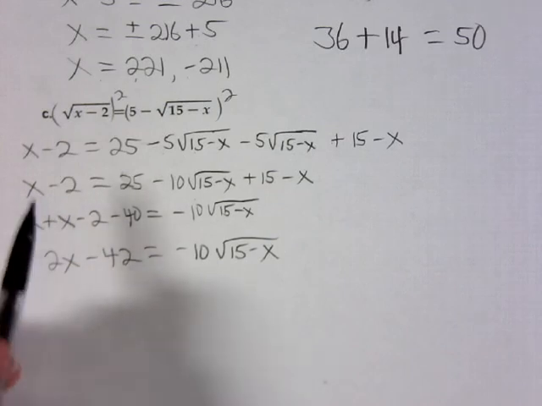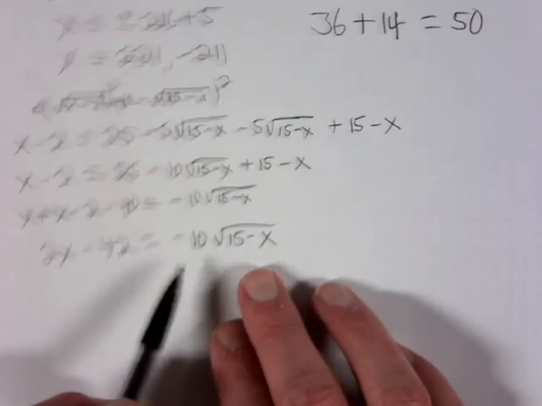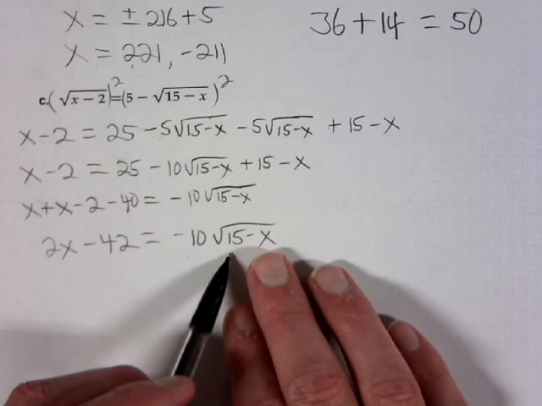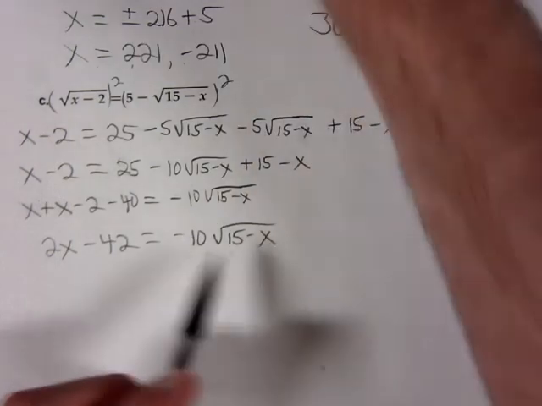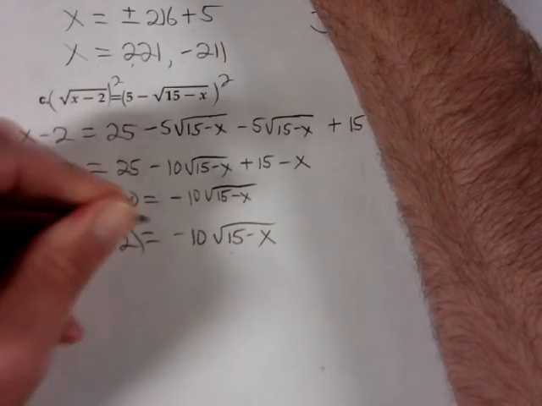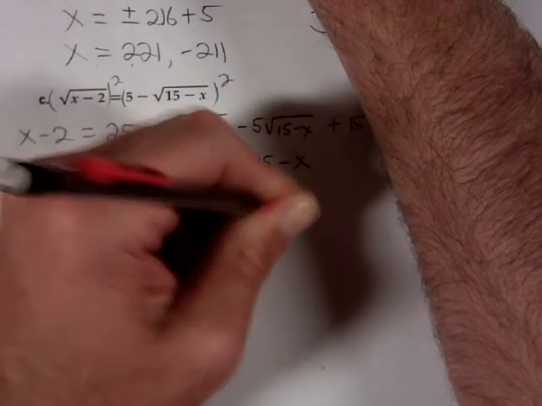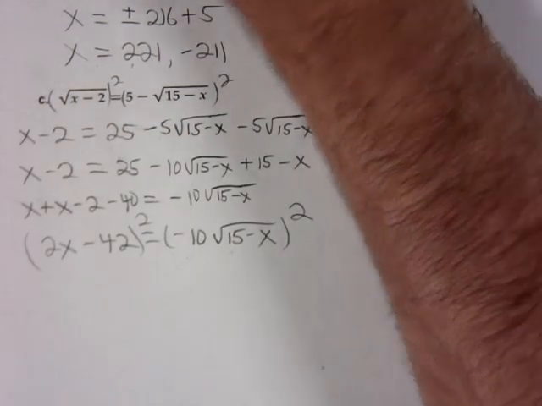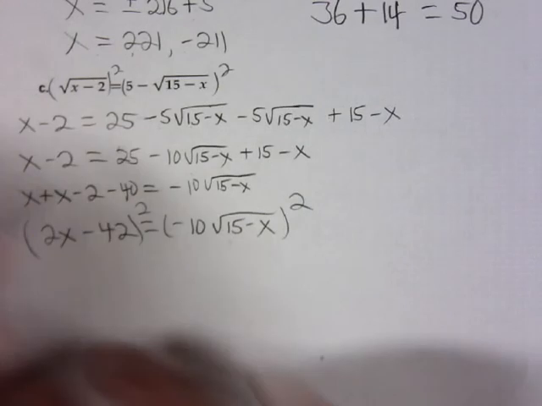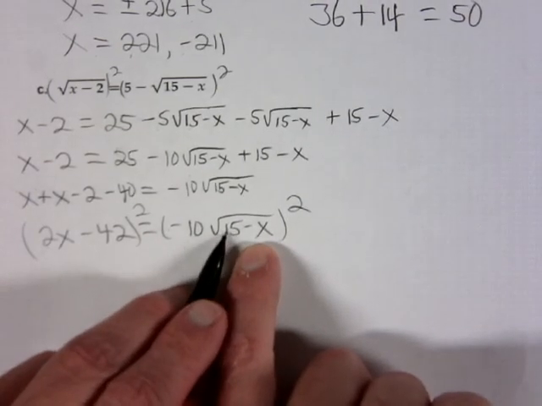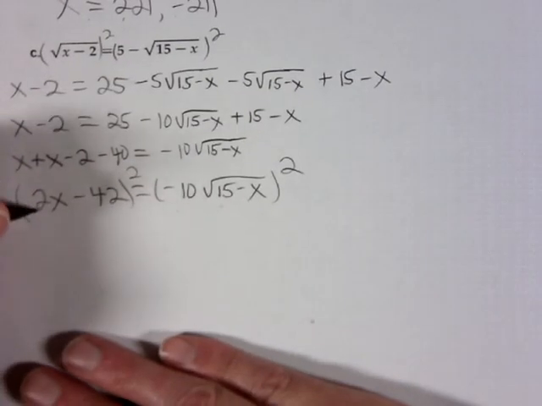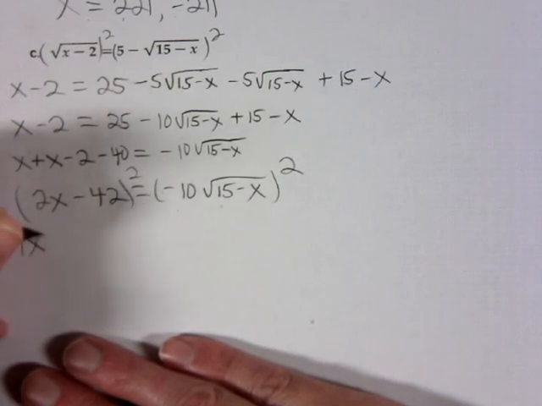And so now, in order to get rid of this other root that we're looking at here, I can at this point square both sides again. Right? So I can square both sides again. And so on the first side, because now I want to get rid of this square root, right? So now 2x times 2x, 4x squared.